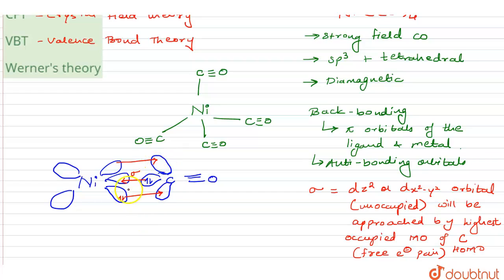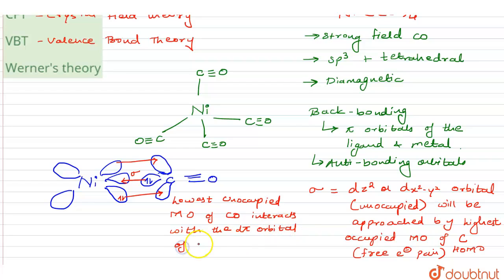I repeat again: now would be the case wherein the lowest unoccupied molecular orbital of CO interacts with the d pi orbital of the metal, which is of course occupied.